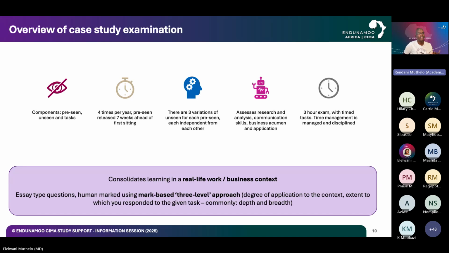You need to then apply your technical skills like your strategy evaluation models, your financial analysis, and so on, to unpack some of the issues and understand the company's strategic position, financial performance, and so on. So the pre-seen is all about that.